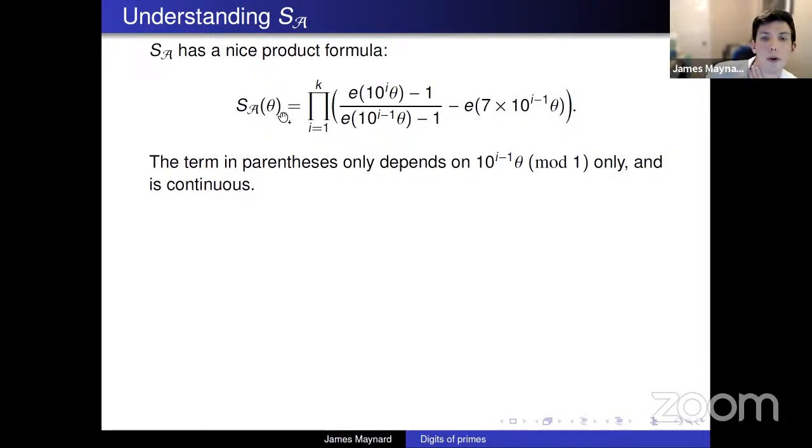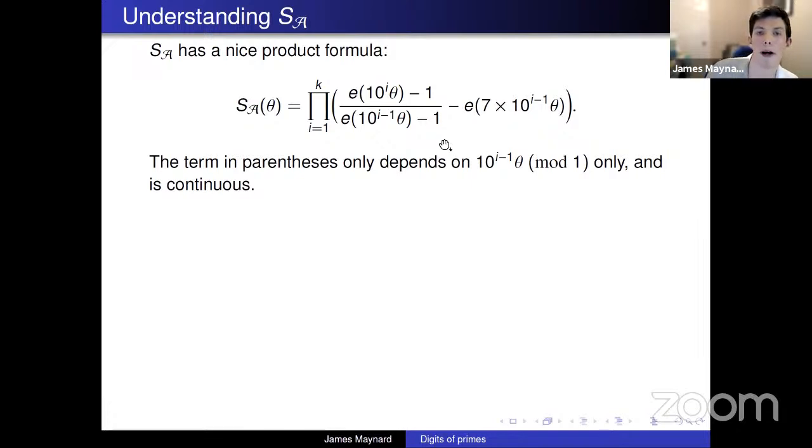So if your original question was about primes with k digits, then you can basically write your Fourier transform as the product of k different terms, where the ith term is just some very explicit function involving e to the 2 pi i theta, some nice continuous function that you can just write down.